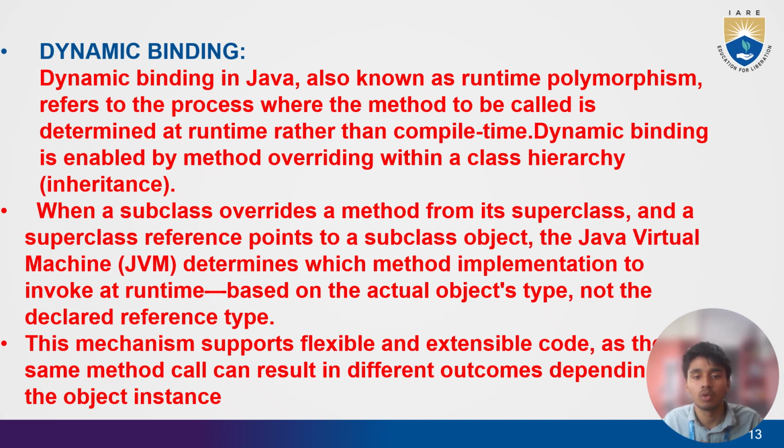When a subclass overrides a method from its superclass and a superclass reference points to a subclass object, the Java Virtual Machine (JVM) determines which method implementation to invoke at runtime based on the actual object type, not the declared reference type. This mechanism supports flexible and extensible code, as the same method call can result in different outcomes depending on the object instance.